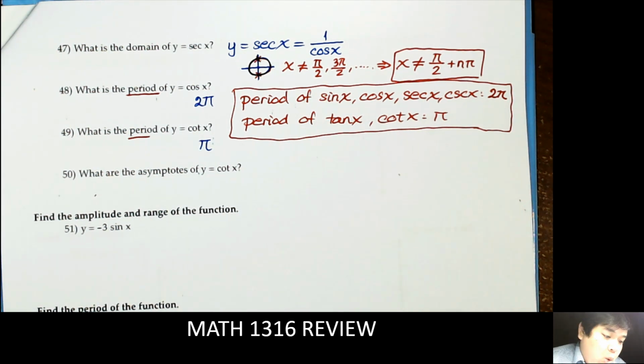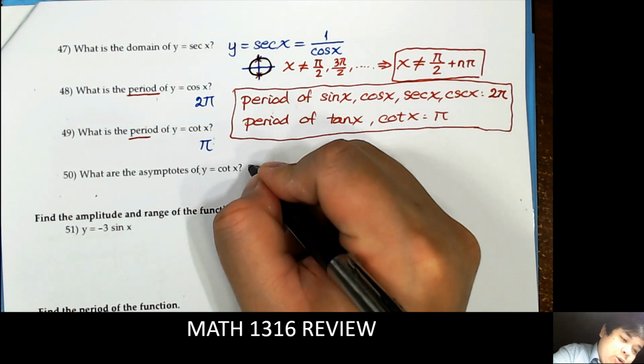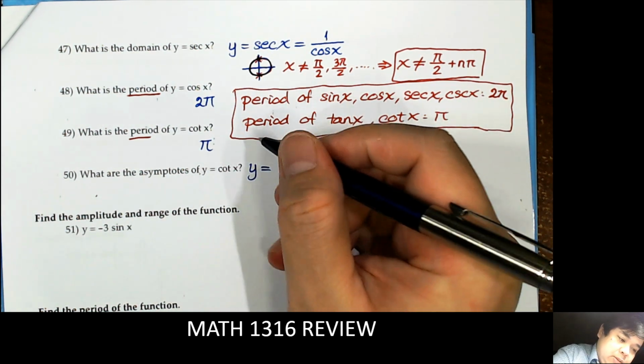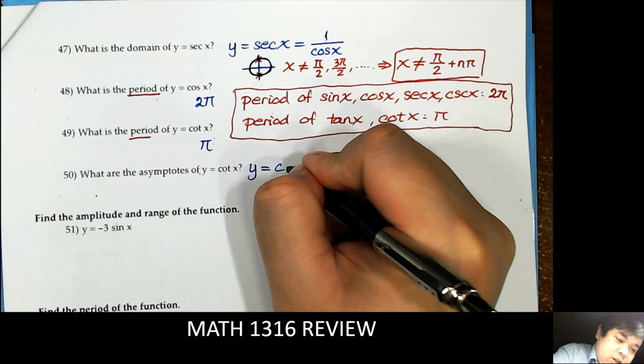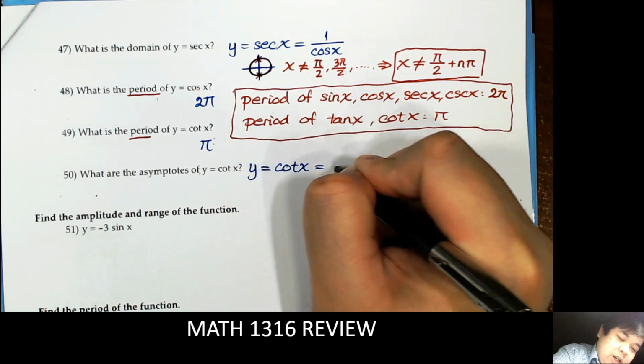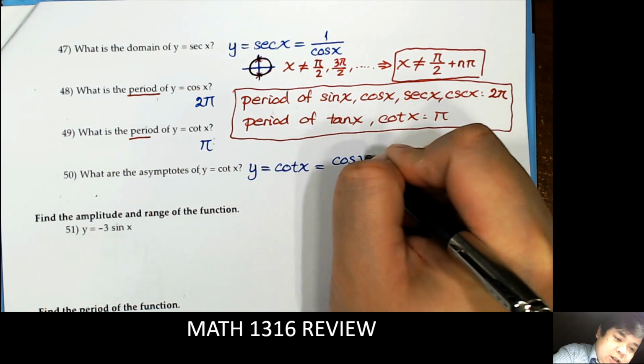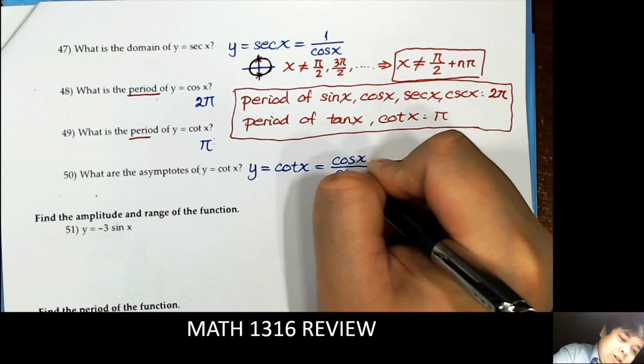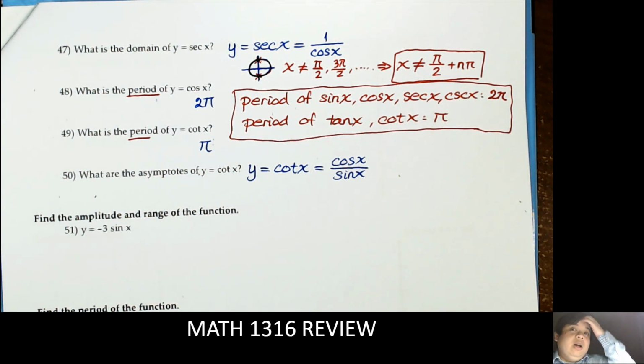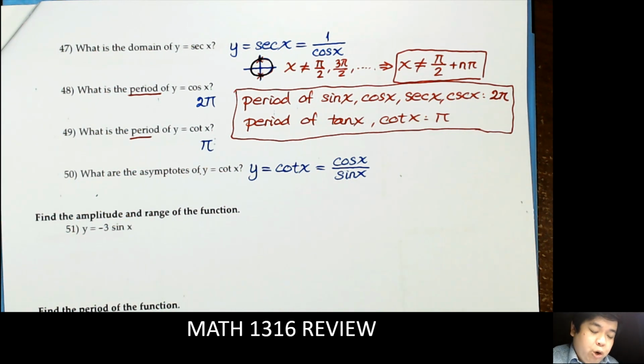Next, what are the asymptotes of y equal to cotangent of x? We will write y equal to cotangent of x. Cotangent is equal to cosine over sine. Now, actually, I should not say similar, it should be the complement to the domain.